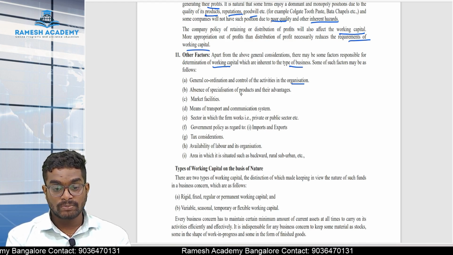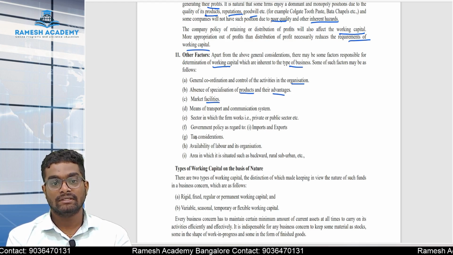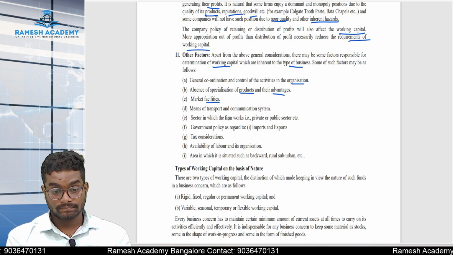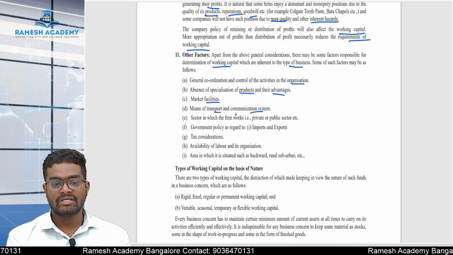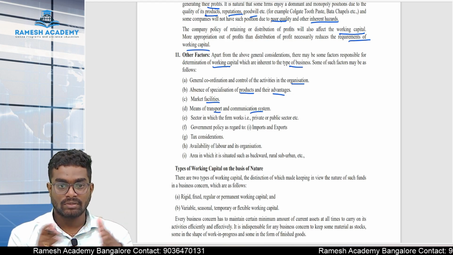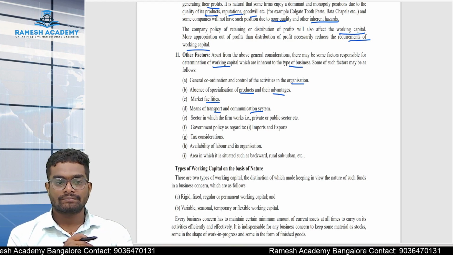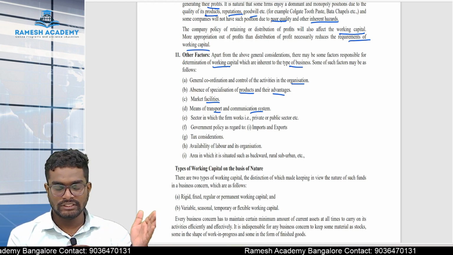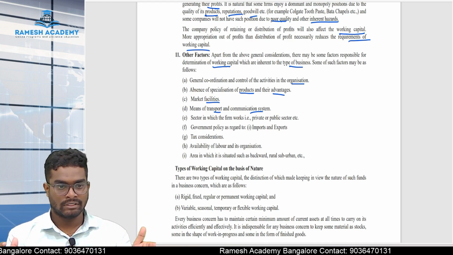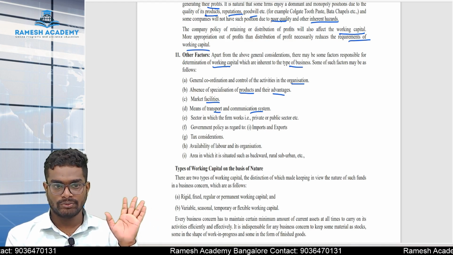Absence of specialization of products and their advantages. Then the market facilities. Means of transportation or communication system, because if you have a good means of transportation or communication system, the requirement is less. Say the distance between one factory and another is 400 kilometers, and usually the goods are transported through air transport.